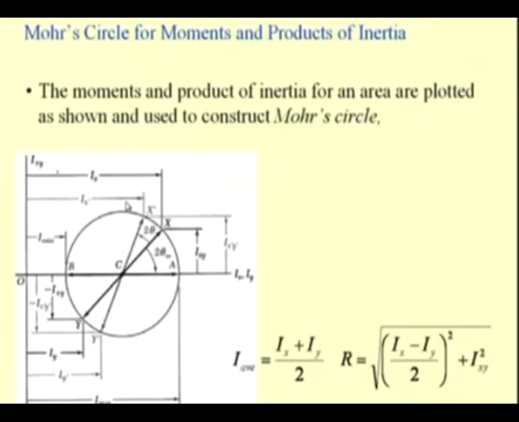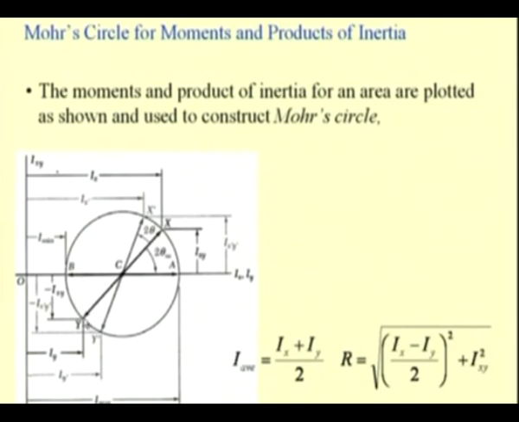We have already seen that this point X corresponds to the second moment with respect to the x axis, Ix, and Ixy. So, along the y axis we have Ixy and along the x axis we have Ix. If we plot Iy, then that point corresponds to minus Ixy, and this is the value of Iy.